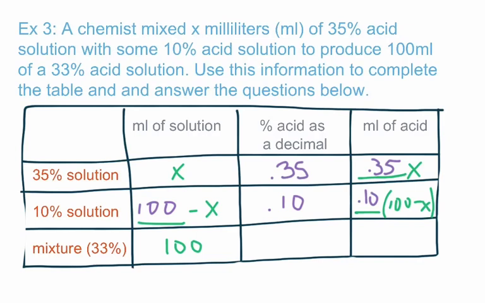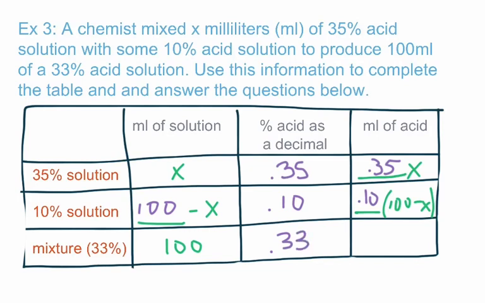Now, final row, we have our mixture row right here. We know that altogether there's 100 milliliters of the solution, and we know that the percent of acid in the solution is going to be 33%. So for our decimal, it's 0.33.